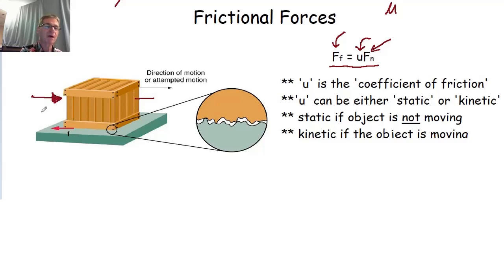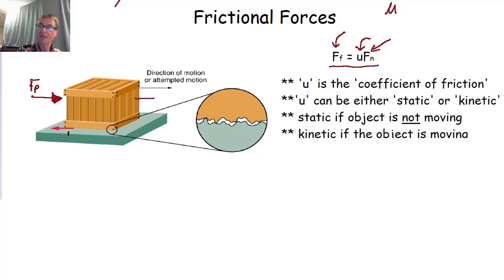I'm applying a force, pushing to the right. What will be the direction of friction? It will be to the left. If I was pushing to the left, the direction of friction would be to the right. So frictional forces will always, always, always go in the opposite direction of an applied force or motion.